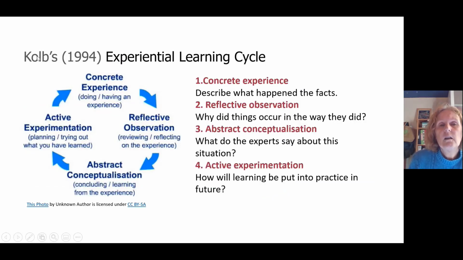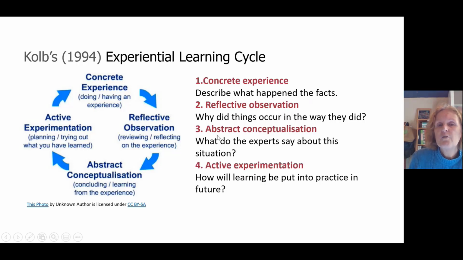Kolb is another very well-known model, uses some long academic words. It goes through concrete experience, reflective observation, abstract conceptualization, and active experimentation. They sound very complicated, but the concrete experience is describing what happened. The reflective observation is, why did the things occur the way they did?